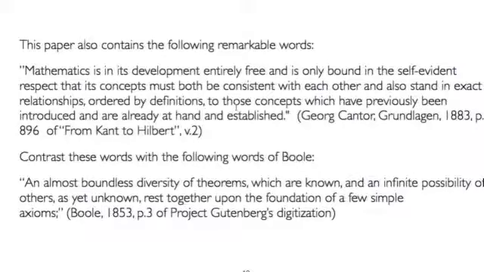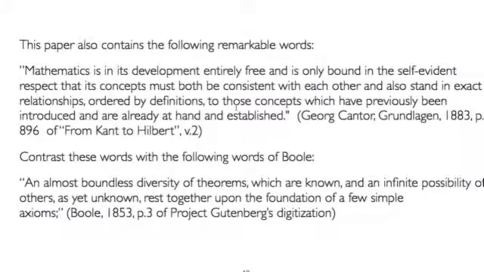Cantor says something different. He says we'll be building mathematics as it goes, and we'll of course have to take care of being precise in what we're saying, and also about looking for inconsistencies. But other than that, we will be free.